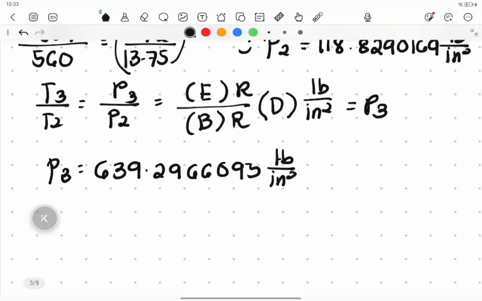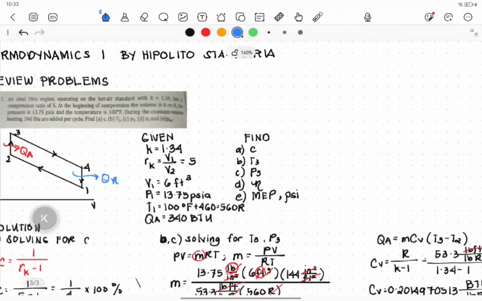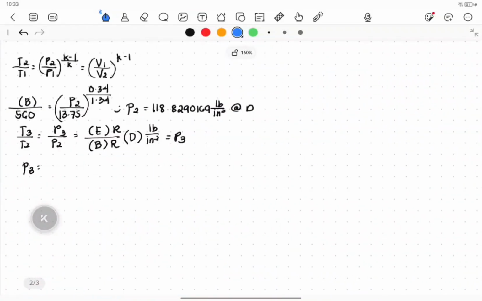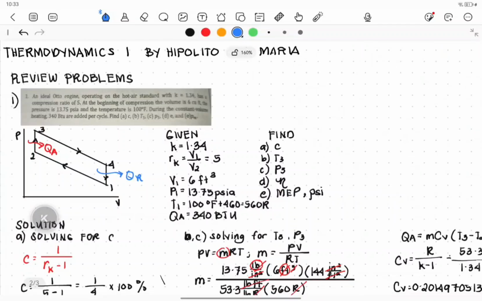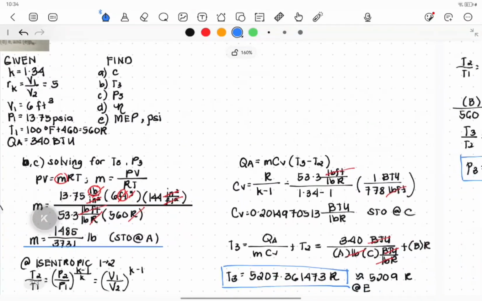Again, there is a discrepancy in the book since the book rounds off initial values. Here we did not round off any values. So next is our efficiency.